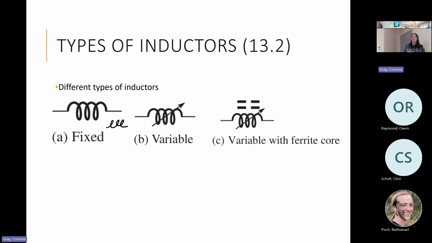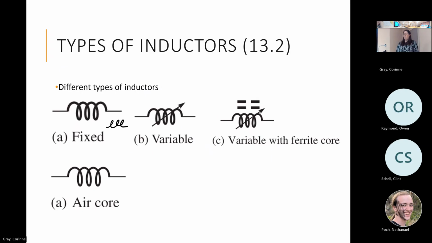So it won't be pure iron, it'll be something iron alloy related. You can have what is referred to as the air core. So, right, same symbol as fixed, but now you're supposed to know that there's air inside of it. Don't ask me how to make these symbols. I agree that it should be a curly squiggle, but that's about it.